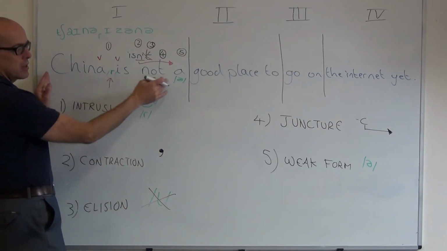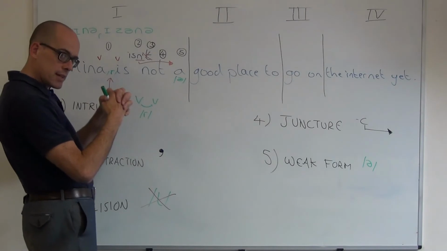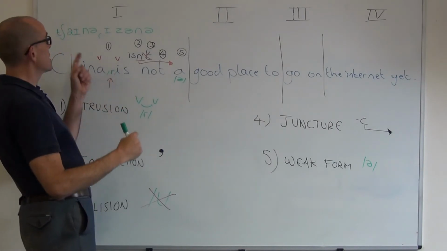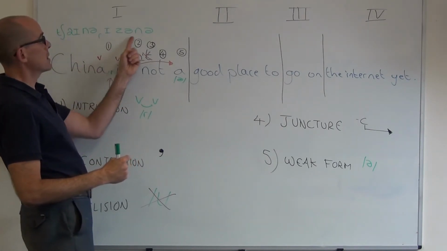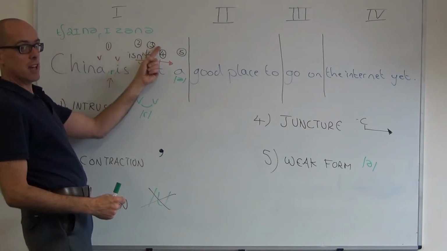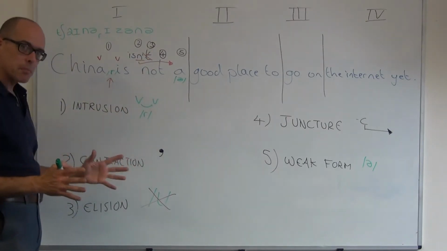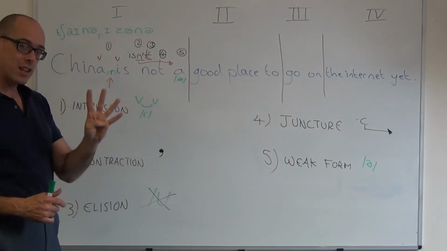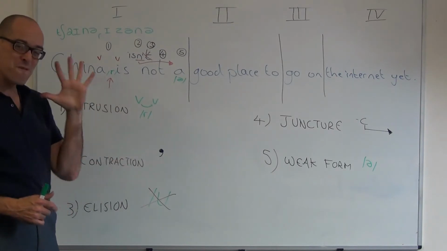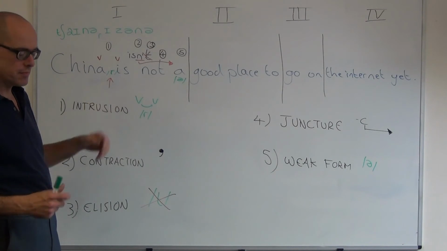So 4 written words combined to make one sound word like this. Listen. China isn't. Okay, this is amazing because in just 4 little words we've got 5 changes to make one sound word.